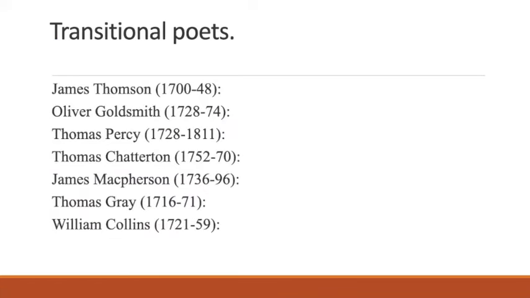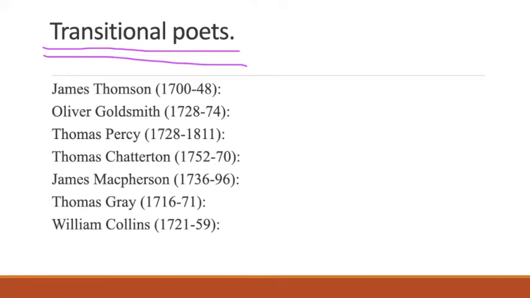Now, this period also saw the traditional poets. I'll tell you later about the Romantic poets. So who were the traditional poets? Traditional poets were those poets in whose poetry we have the blend of Romantic qualities and neoclassical qualities. I'll discuss the features of neoclassical poetry and Romantic poetry in my next video.